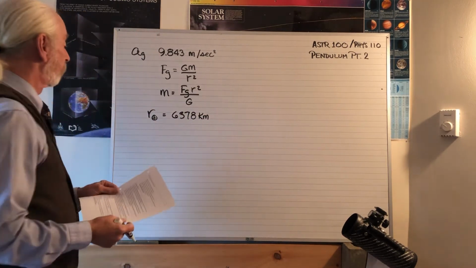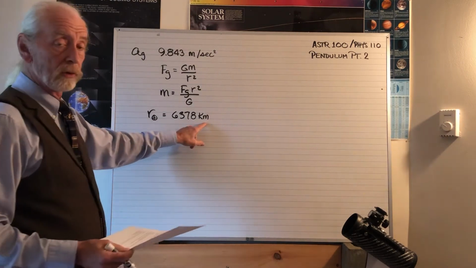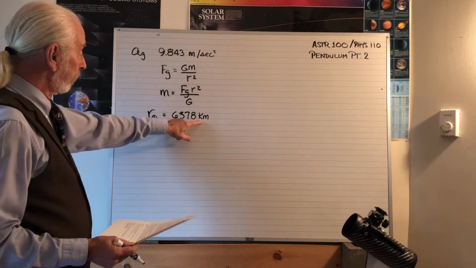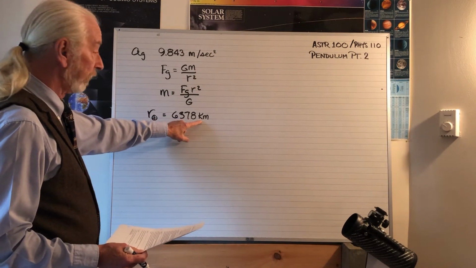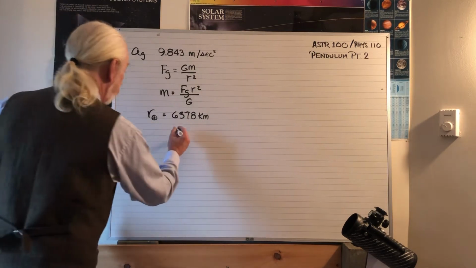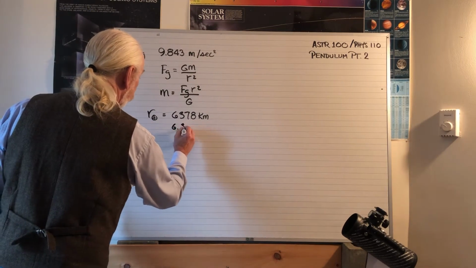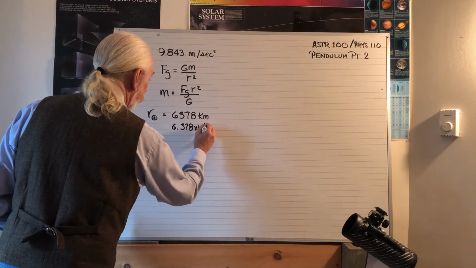But we're going to have to convert that into scientific notation, and turn it into meters. So kilo is 10 to the third, and we bump it over 3 places to the left. 1, 2, 3, and we get 6.378 times 10 to the 6th meters.